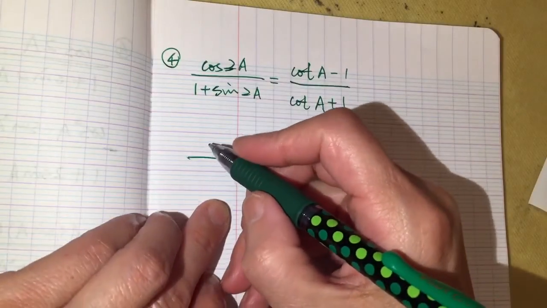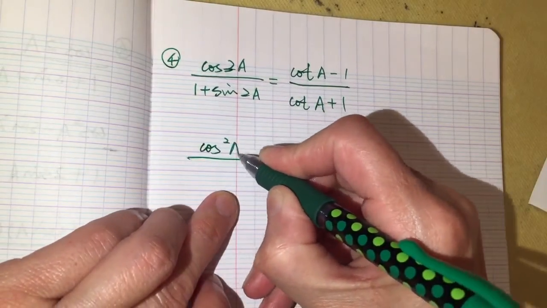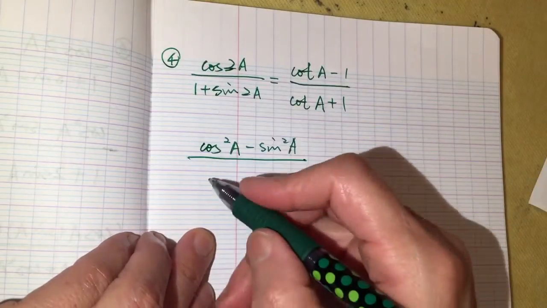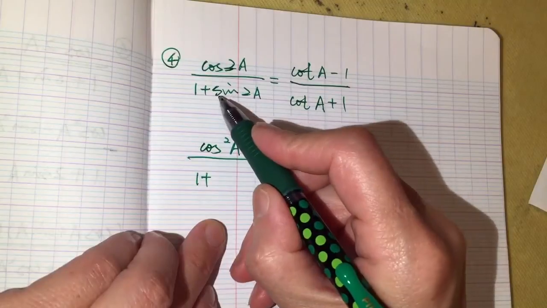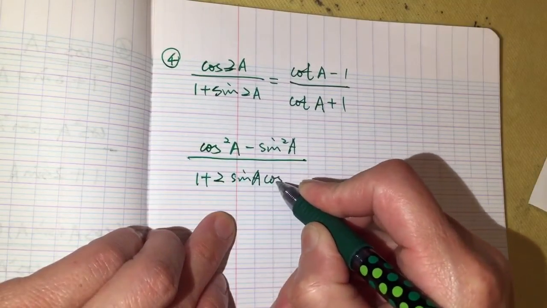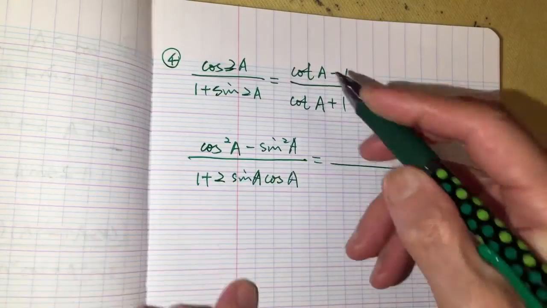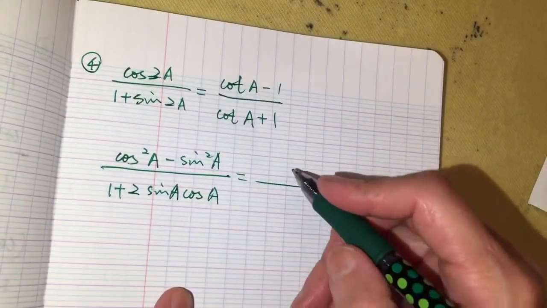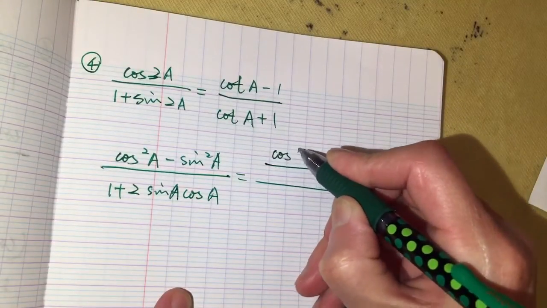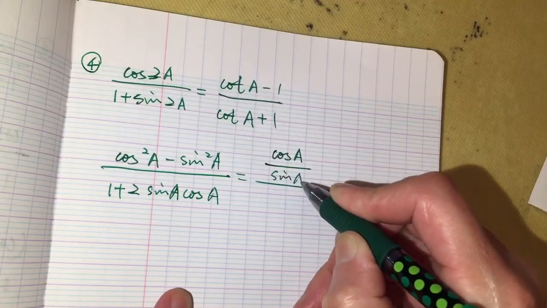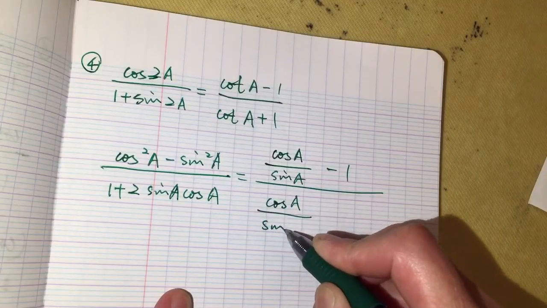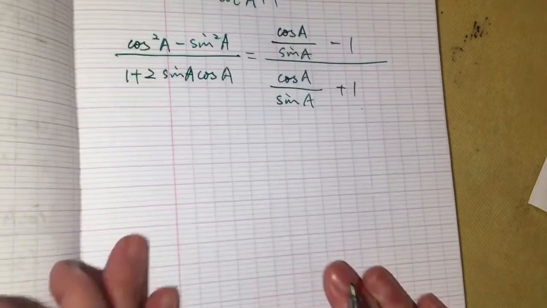Cosine 2a equal to cosine square a minus sine square a. And 1 plus sine 2a equals 2 sine a cosine a. Cotangent we can change into cosine a over sine a minus 1 over cosine a over sine a plus 1, right?